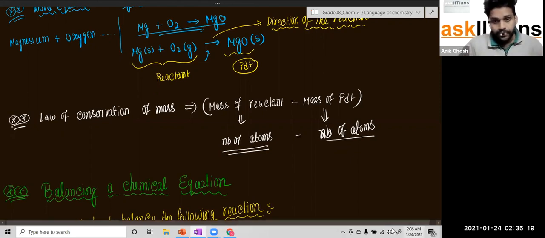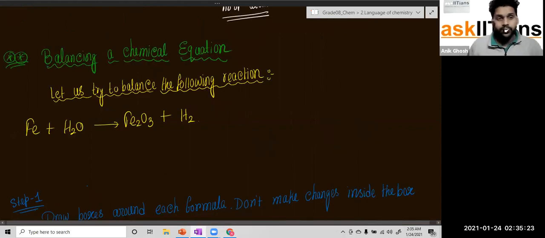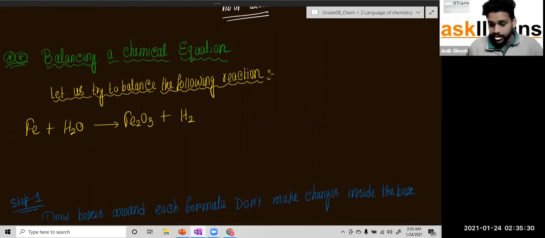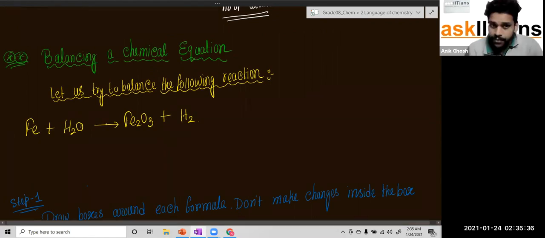Okay, so now let's try to think about it. What is the way through which you will understand how to balance a chemical reaction? If someone gives you this question, Fe plus H2O gives Fe2O3 plus H2, how to balance this chemical reaction?